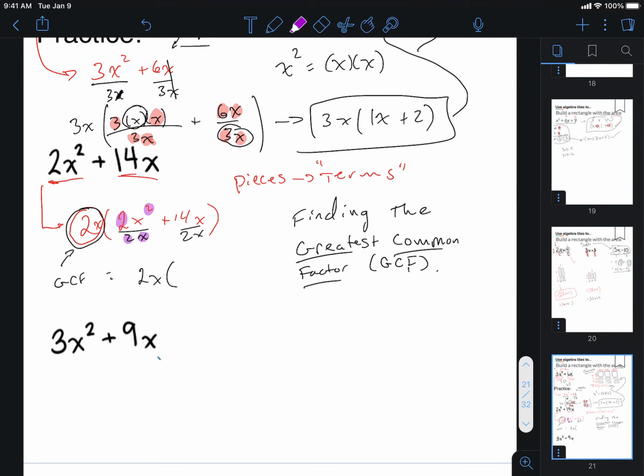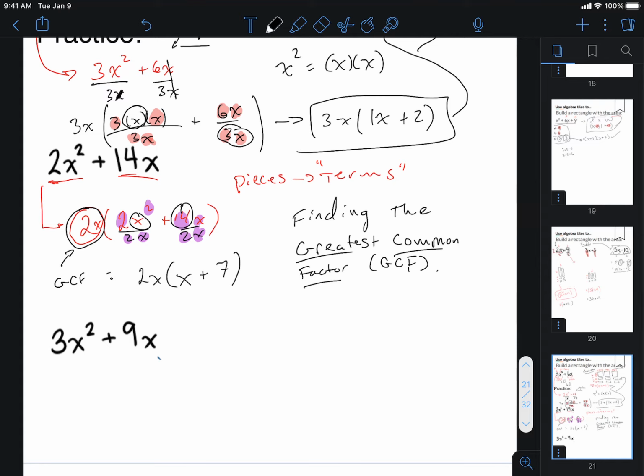One of them cancels with the x in the bottom. And then 14 divided by 2 is going to be 7. And then the x's cancel. So what we end up with is, I only see an x there, so an x. And then 14 divided by 2, 7.